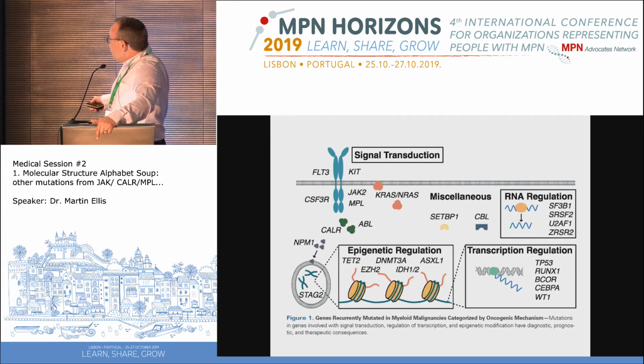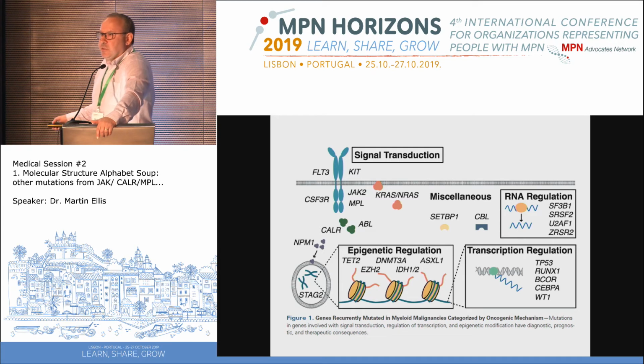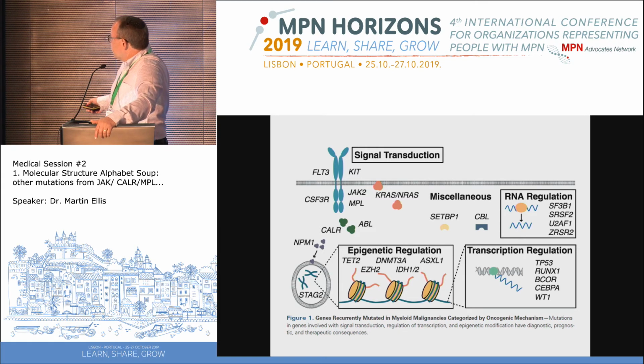Then we can move on to RNA regulation, and the formation of RNA is regulated by a number of enzymes. Again, each enzyme has its own gene which encodes for it, and here are some of the abbreviations which we have seen: SF3B1, SRSF2, which I mentioned before, and some others over here, again having these long abbreviations, each of which means something.